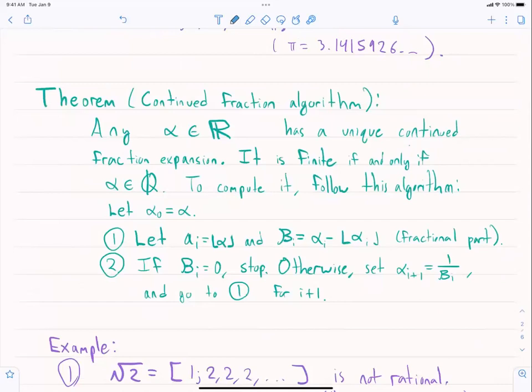So you get alpha is equal to a0, a1, a2, ..., am if you stop. Or if you don't stop, then you just get a0, a1, a2, and so on. So you're going to stop exactly if alpha was a rational number.